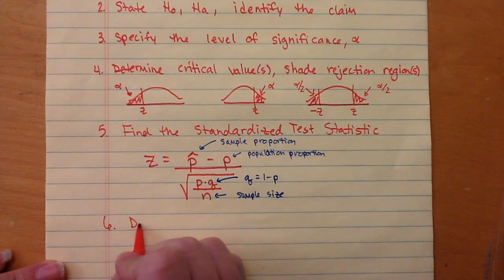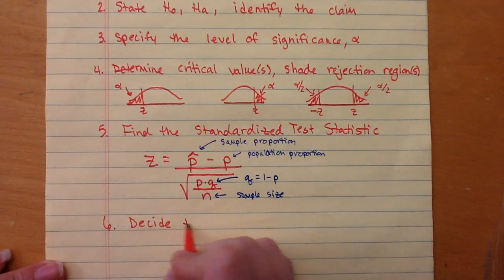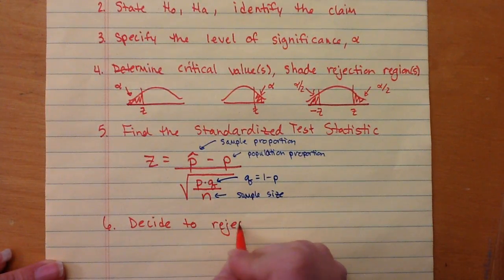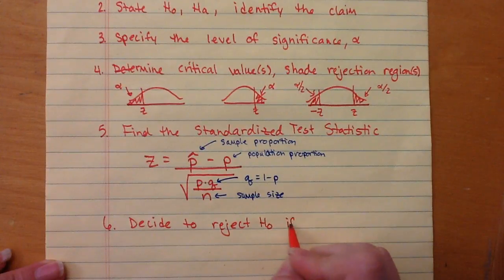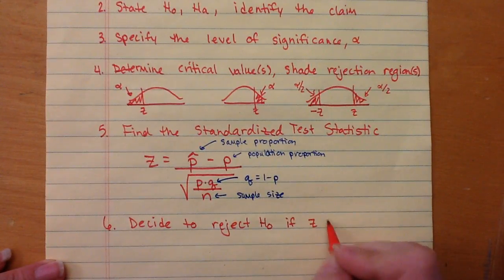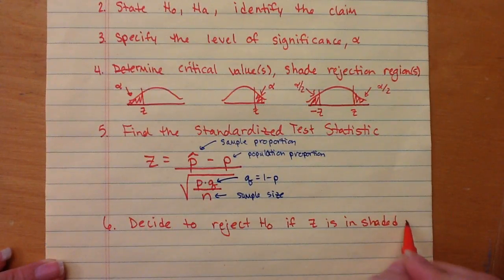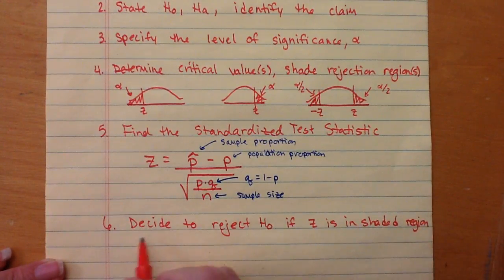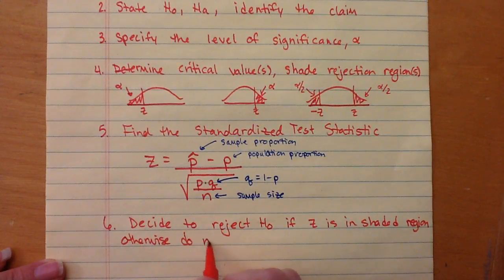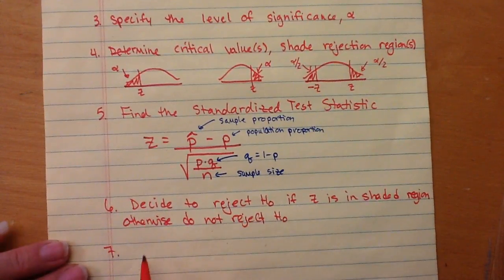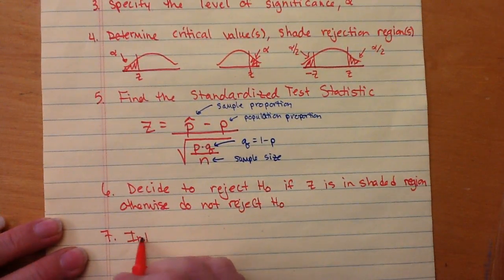Step 6, we're going to decide to reject h sub 0 if z is in the shaded region. Otherwise, do not reject h sub 0. And step 7, good old interpret.